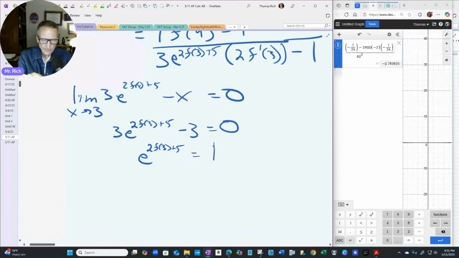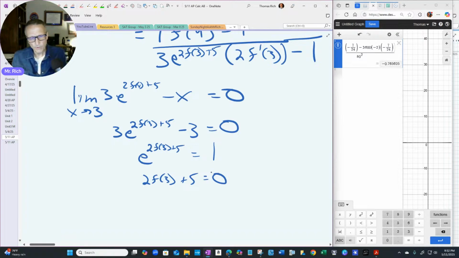And that's adding the 3 and dividing by 3. So then if you were to take the natural log on both sides, you get 2 times f of 3 plus 5 is equal to 0, right? Because the natural log of 1 would be 0. So this does allow you to calculate f of 3. So f of 3 is a negative 5/2. So that's what was going on right there.